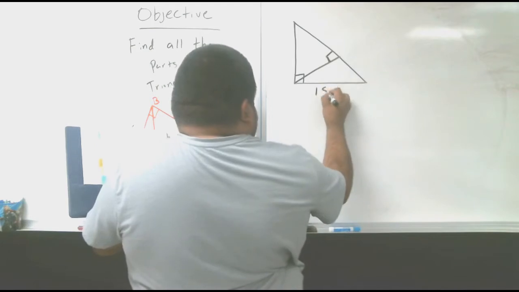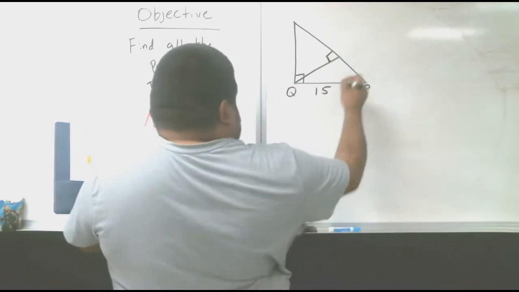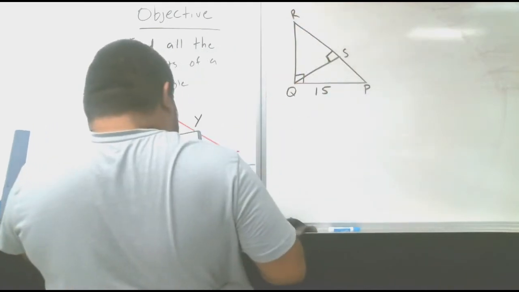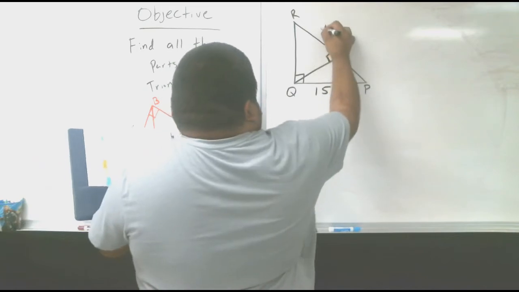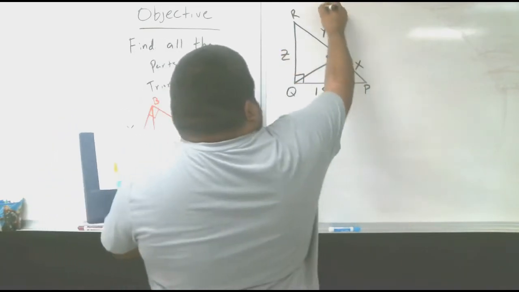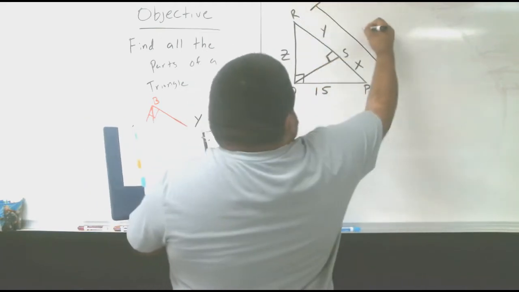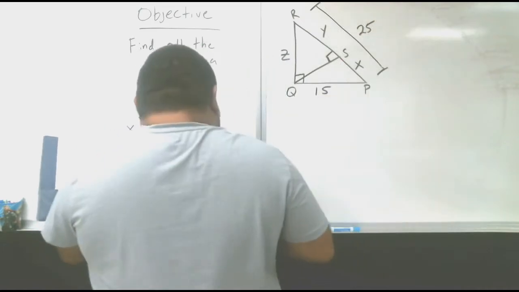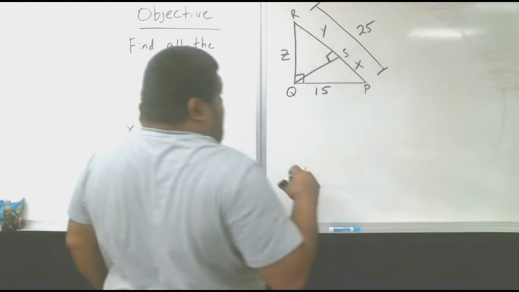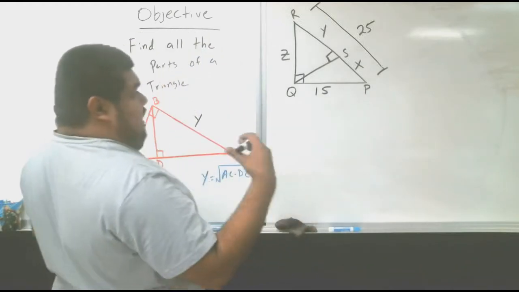We have 15, we have Q, P, S, R, we have Y, we have X, we have Z, and it tells us that the whole thing here is 25. That's all it gives us. By just looking at this triangle, we can actually solve for the sides.